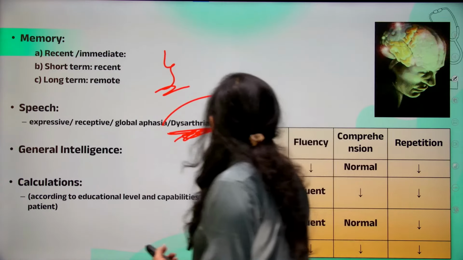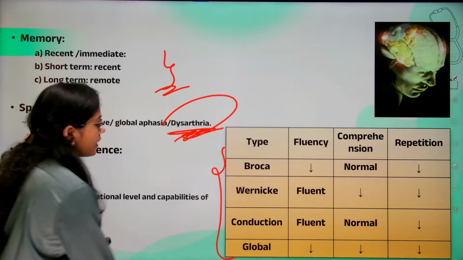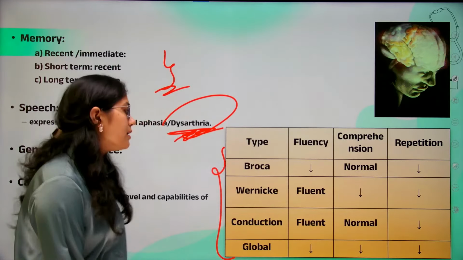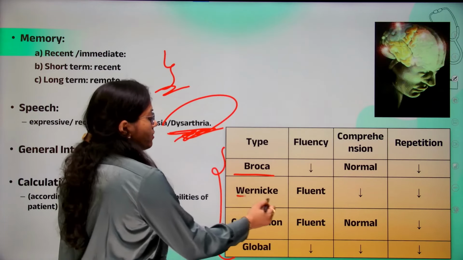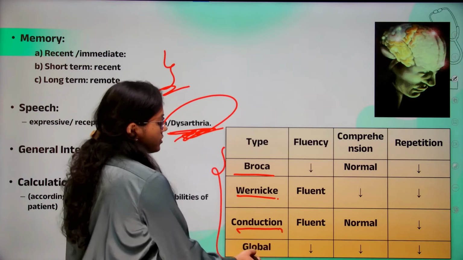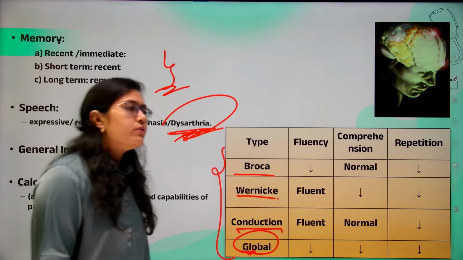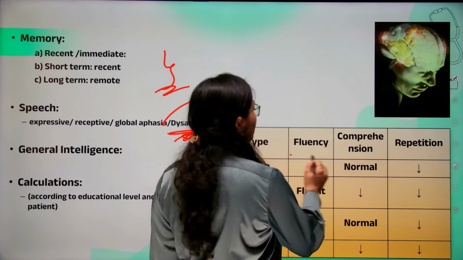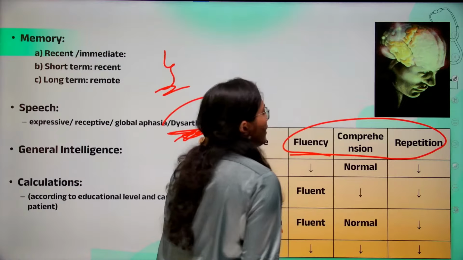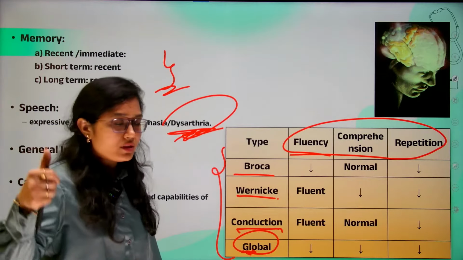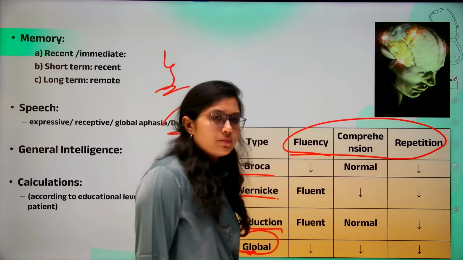Like, if I am just giving you a brief, these are the different speech affections which occur in the patient: Broca's aphasia, Wernicke's aphasia, conduction, and global, which is a combination of all these things. Whenever we are assessing speech, these are the three main things we need to see: fluency, comprehension of sounds, and repetition.